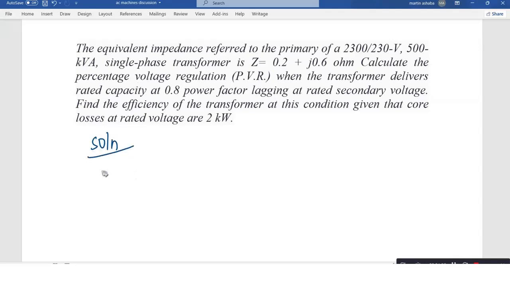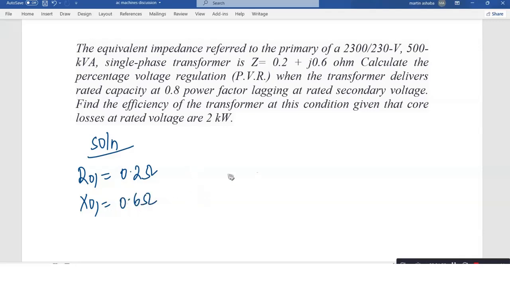Now, we are told that this is referred to the primary. So meaning the R01 is equal to 0.2 ohms and X01, the inductive reactance referred to the primary side, is 0.6 ohms.